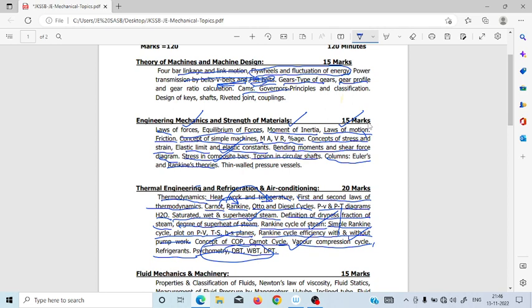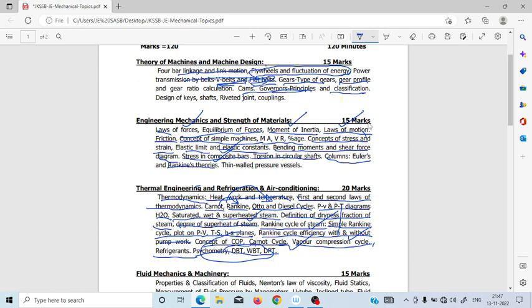Cams and followers are a theoretical portion, with their classifications. Then governors, different types of governors like the Watt governor, Hartnell governor. We will discuss that topic in the class. When it comes to governors, almost 2 or 3 questions from theory of machines on the topic of governors have been asked in recent exams.